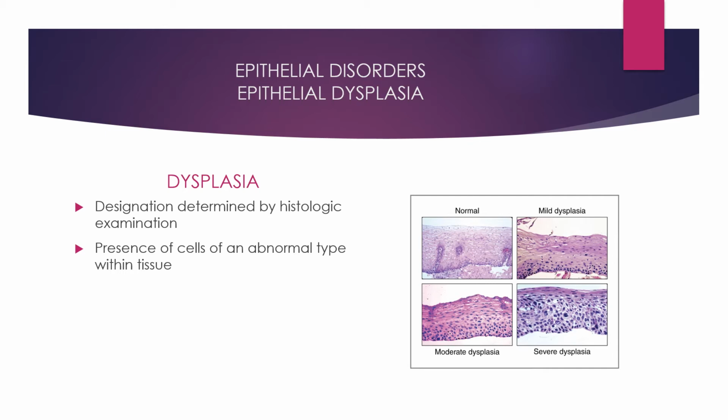Dysplasia is a designation determined by histological examination. So in other words, we cannot look at a tissue or a lesion and decide if it's dysplastic or not. It has to be determined by a sample or a biopsy. And it is the presence of cells of an abnormal type within tissue.